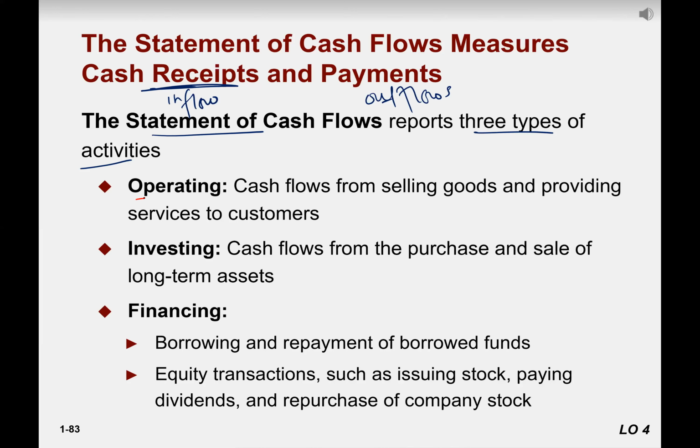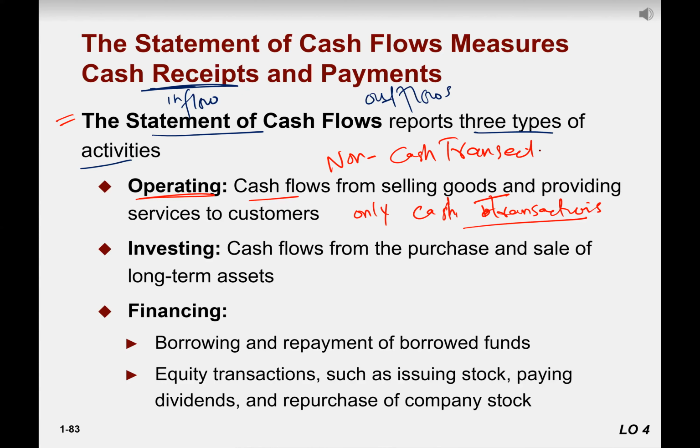So here, operating activity shows the cash flows. So only cash transactions, right? So the whole statement will only report cash transactions. So non-cash transactions are not reported in any activity here, whether it is operating, investing, or financing.